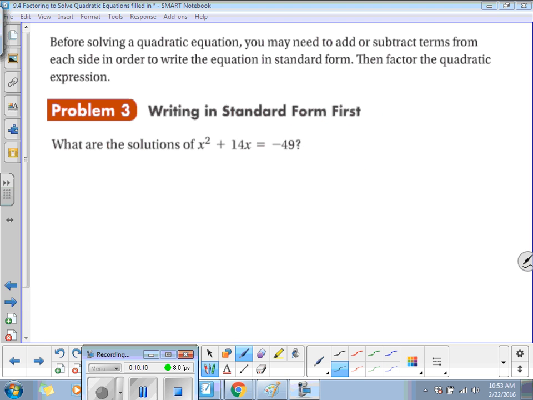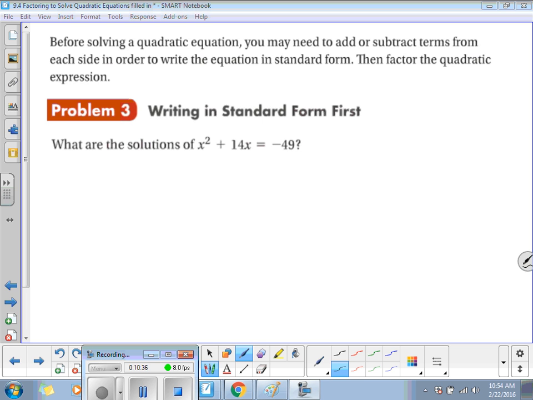All right, with problem 3, it says writing in standard form first. Before solving a quadratic equation, you may need to add or subtract terms from each side in order to write the equation in standard form. Then you can factor the quadratic expression. So we want to make sure that it's equal to 0.